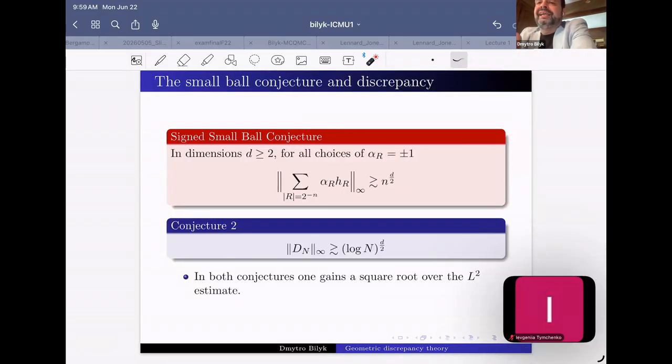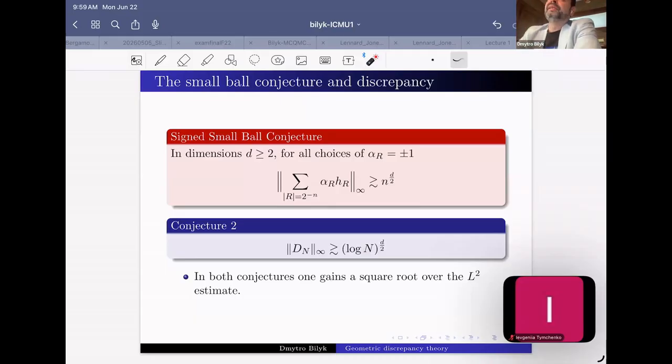Let's say just the sign small ball conjecture for simplicity. For the signs, if all the coefficients are plus or minus 1, you're saying that this should be at least of the order n to the d/2. Our conjecture 2 for the discrepancy was almost exactly the same: log n, the number of points, to the power d/2.